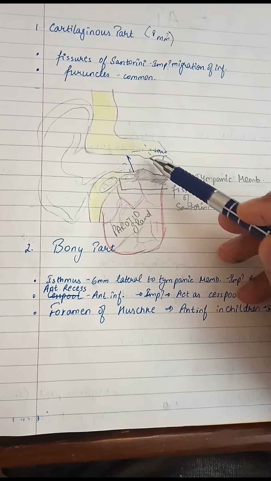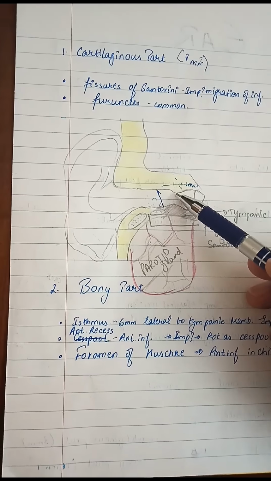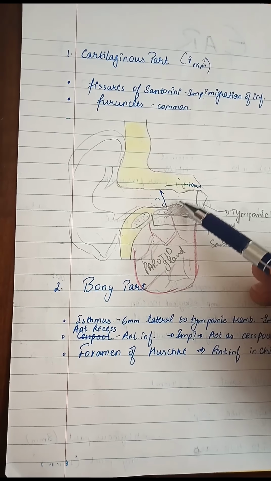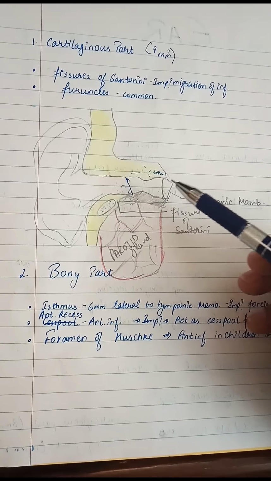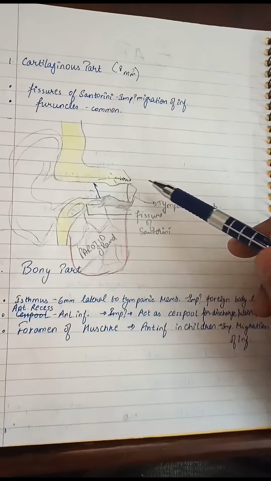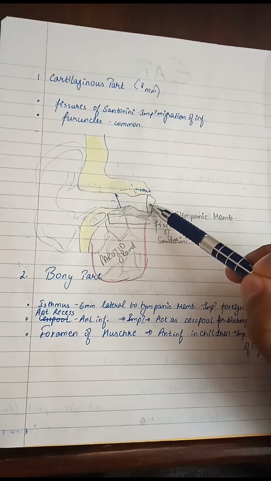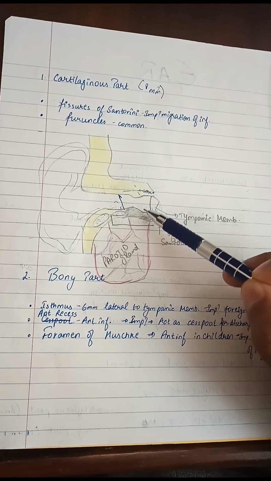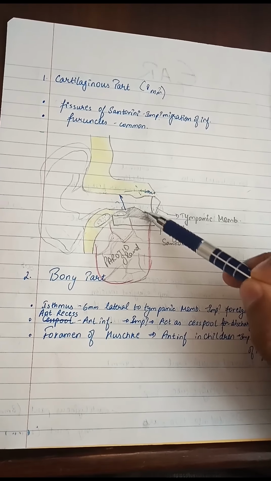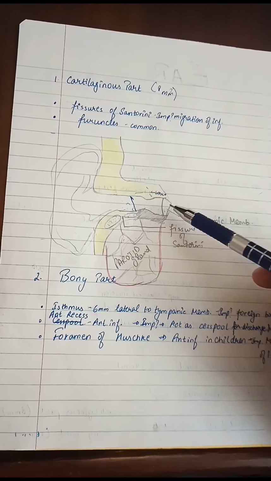Due to this isthmus, the external acoustic canal gets somewhat narrowed. The clinical importance is that if any foreign body is lodged between the tympanic membrane and the medial side of the isthmus, it is very difficult to remove. So this is its clinical importance.